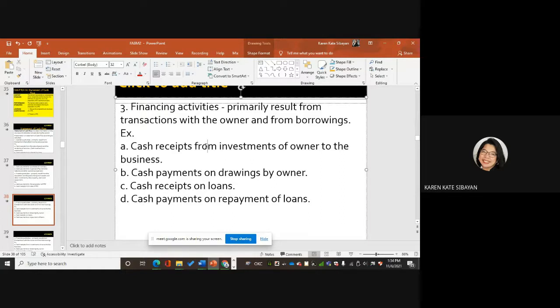Number 1, cash received from investments of owner to the business. So, paano ilalagay yan sa cash flow? Cash investment by the owner. Saan natin makukuha to? Saan natin titingnan?